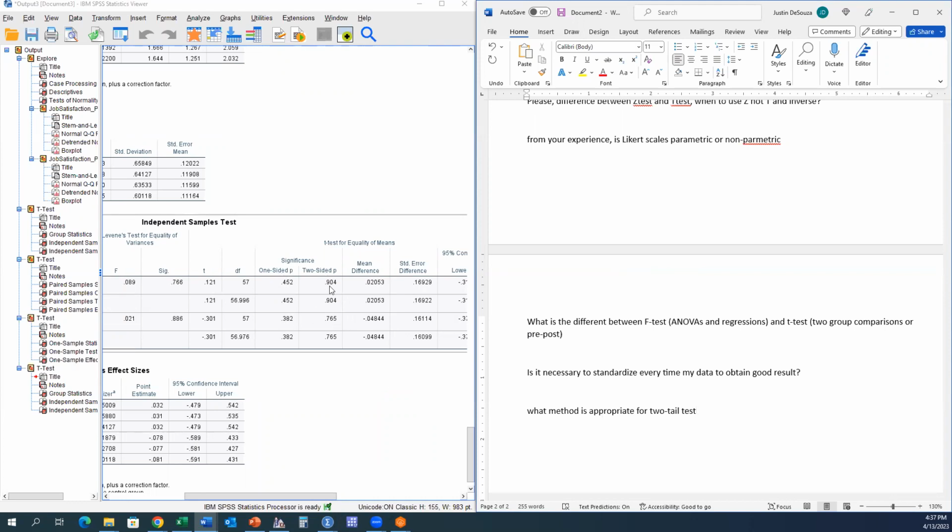If you're just anticipating a difference in general, you don't know which direction it's going to go, then you do a two-tailed test. SPSS provides both the one-tailed and two-tailed findings. Okay, so to break that down, that's a good question. If you hypothesize a specific direction, one-tailed test; no hypothesized direction, two-tailed.